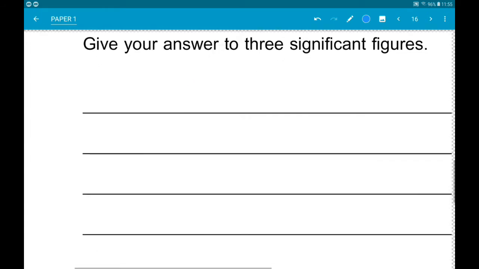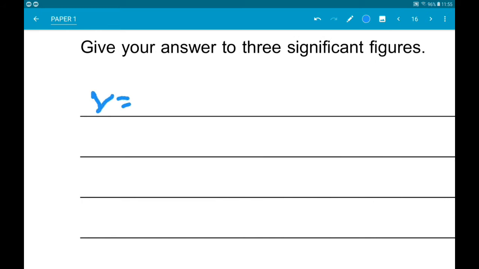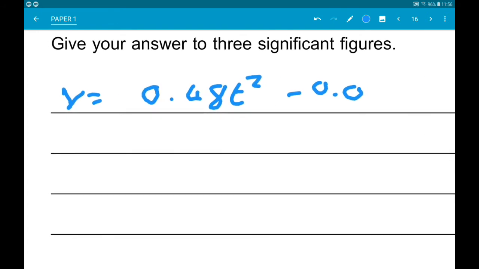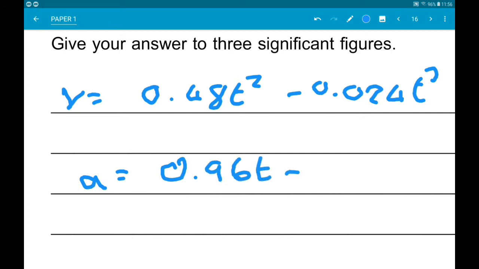So, if velocity was 0.48 t squared, minus 0.024 t cubed, then acceleration is the derivative of that, so 0.96 t minus 0.072 t squared.